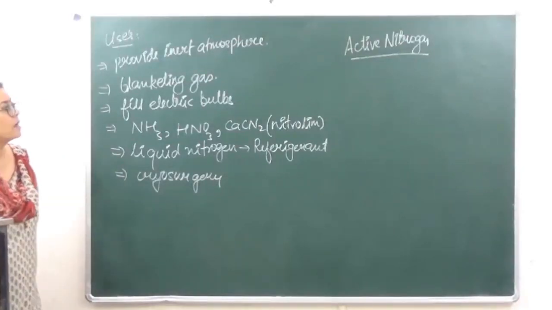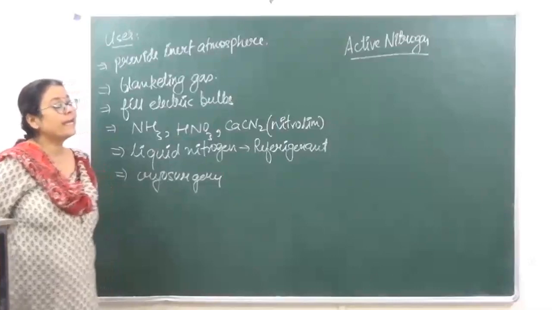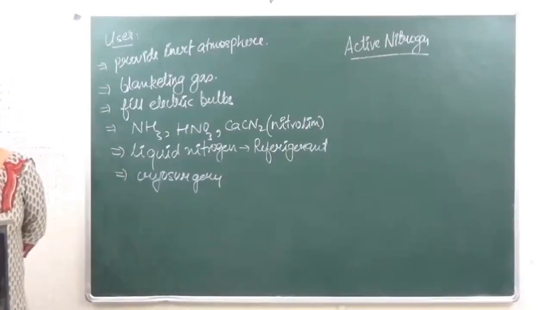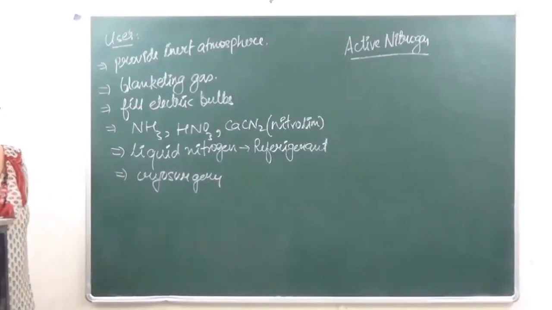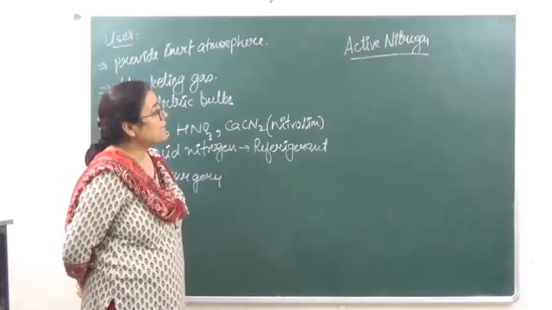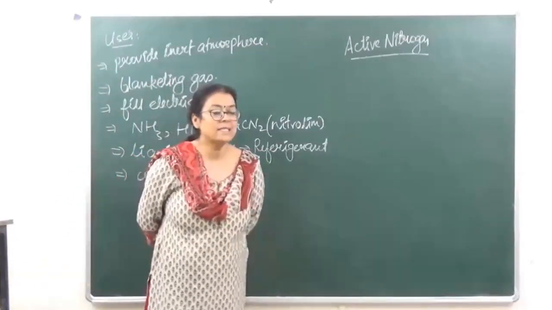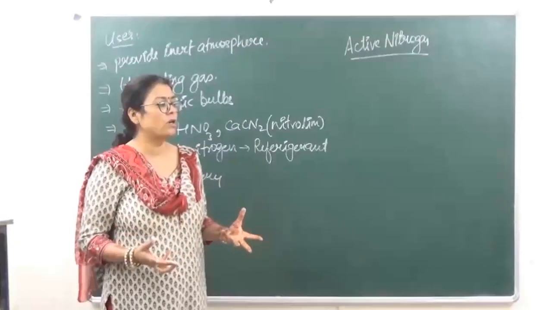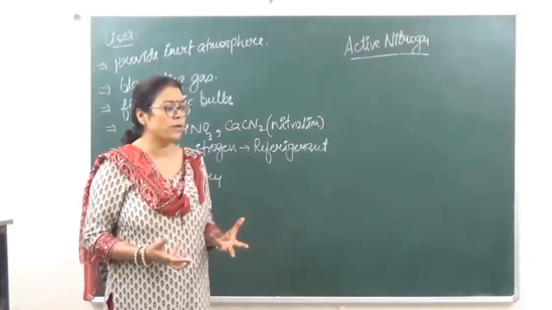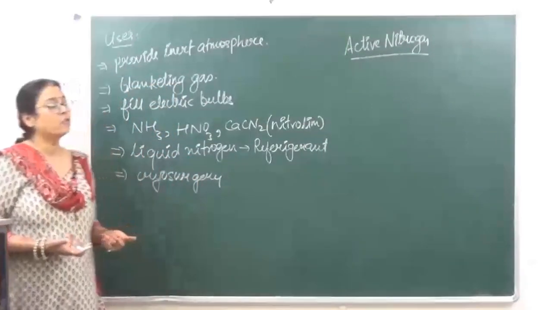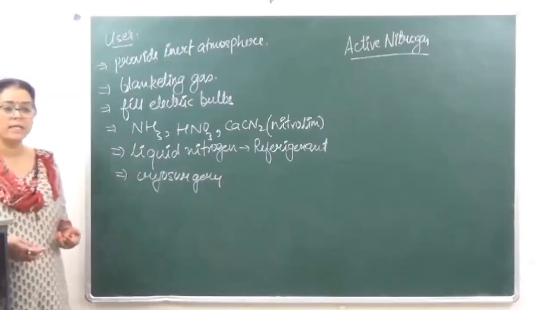Whenever we are flowing an electric discharge through nitrogen under very low pressure, in that case we can see a fluorescence or a luminescence which appears over there, as a result of which the reactivity of nitrogen increases to a certain extent.